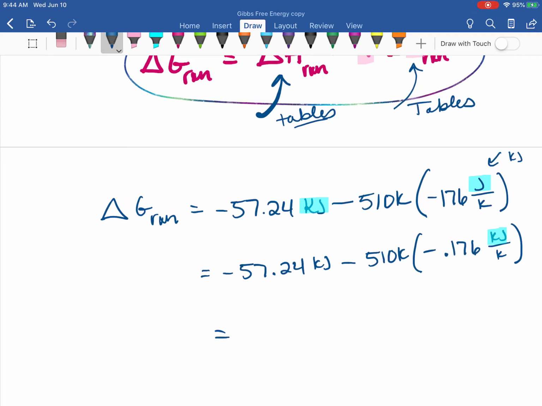All right, plug this in on your calculator, and now we can find out if this reaction is spontaneous at 510 Kelvin. Then we're going to get deep for a second and try some of these problems in lecture. So I'm going to take 57, minus 510 times, and I get a 32.52.